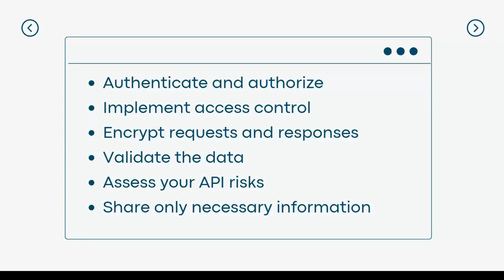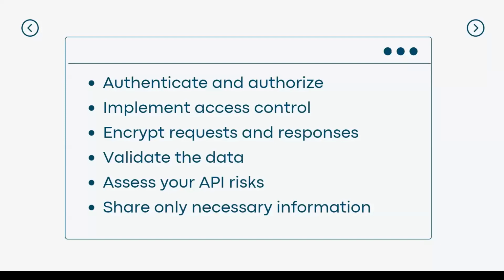The next one is assessing your API risk. What do I mean by that? It means regularly assessing the security risks I just mentioned that are associated with your API. Conduct penetration testing and try to discover what your API is vulnerable to. Is it vulnerable to mass assignment?